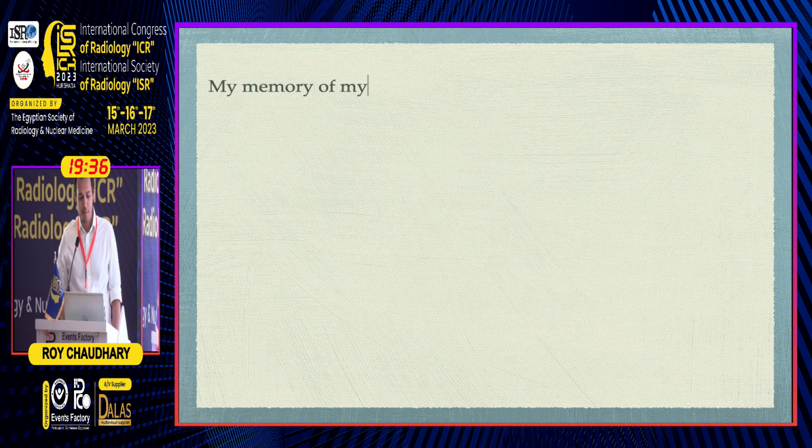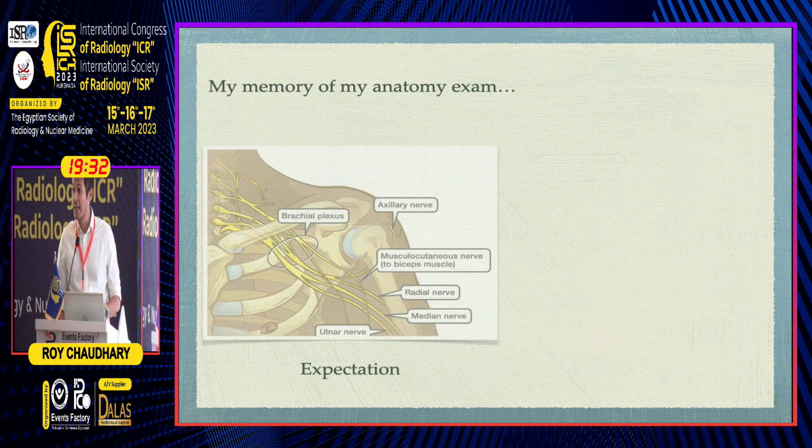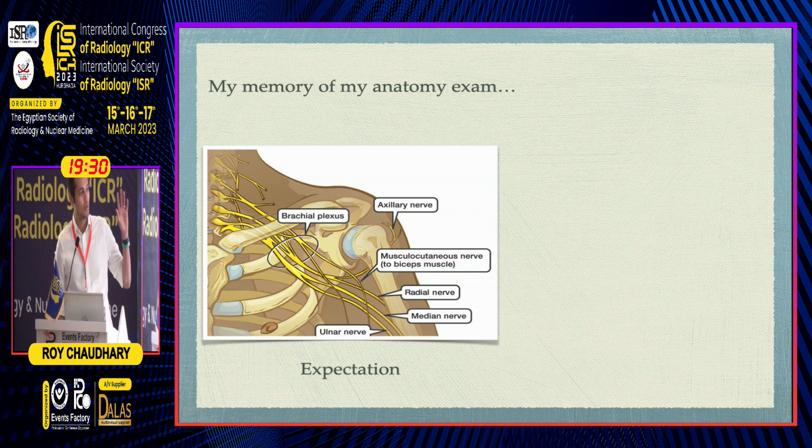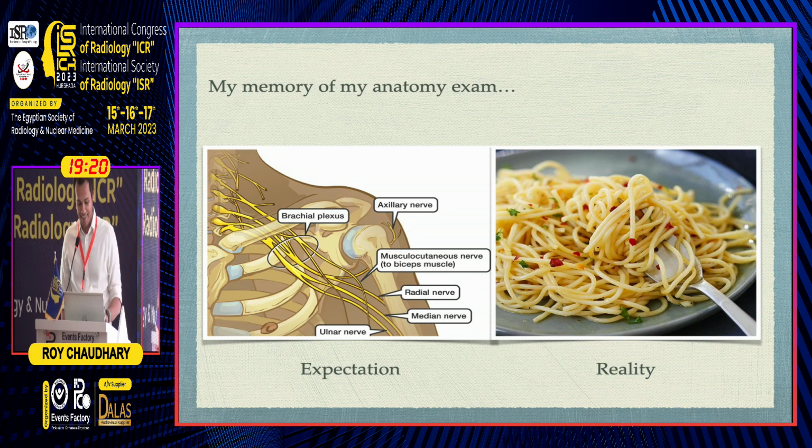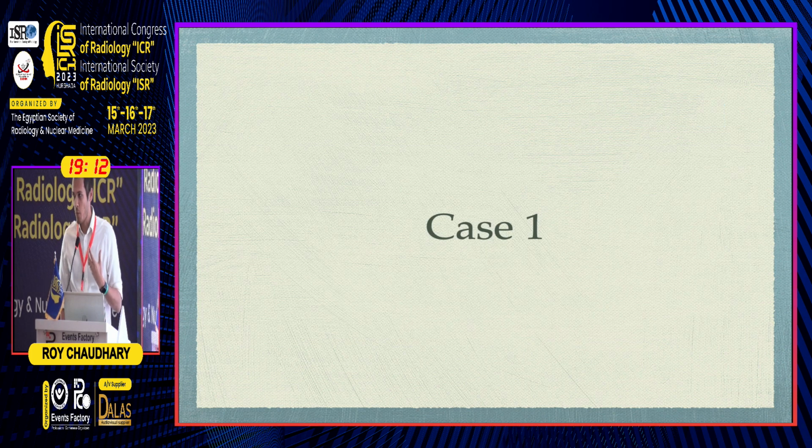My memory of my anatomy exam was that the expectation from the professors was that you remember the brachial plexus in absolute clear detail, but it always ended up in my head as something of a mess. And then the question would be, identify that nerve. And so I needed to come up with a way of how I can deal with brachial plexus pathologies.